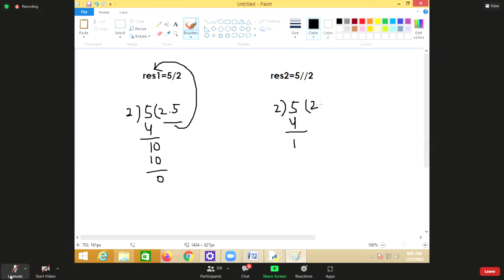What is the remainder here? 1. And 5 times, the remainder is 0. So what is the quotient here? 2.5. But it will take this result as integer type. So what is the value of result 2 here? 2. But the value of result 1 is 2.5.